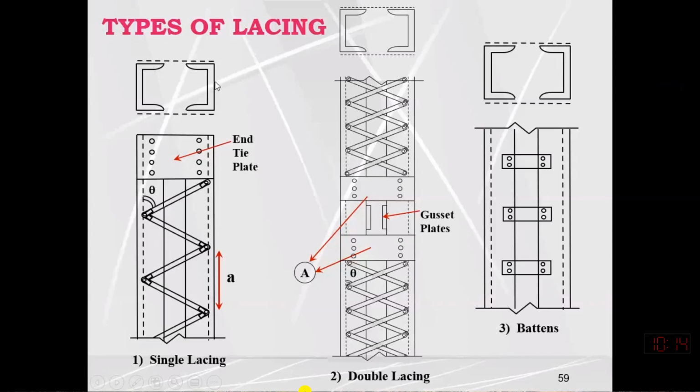But since we are using a channel section, this web is the stiffened element which is connected from both sides. So chances of buckling in this web will be very less. But this flange plate within the length A, it may buckle. So we need to check the slenderness ratio of the flange plate only.